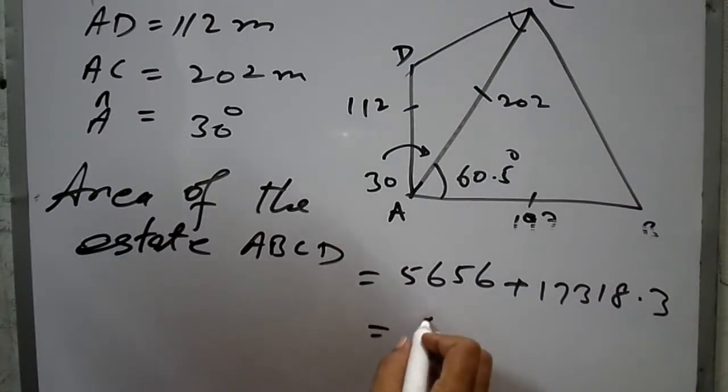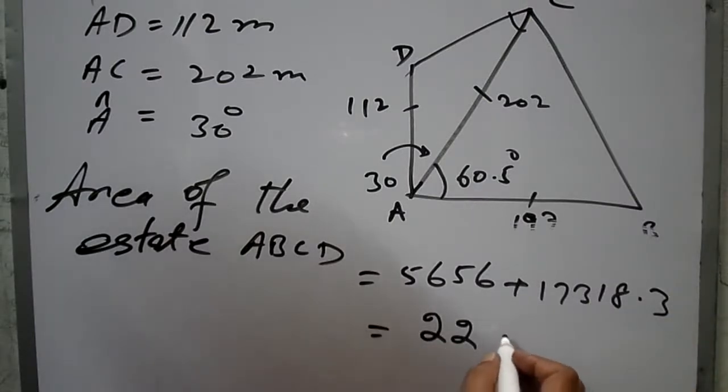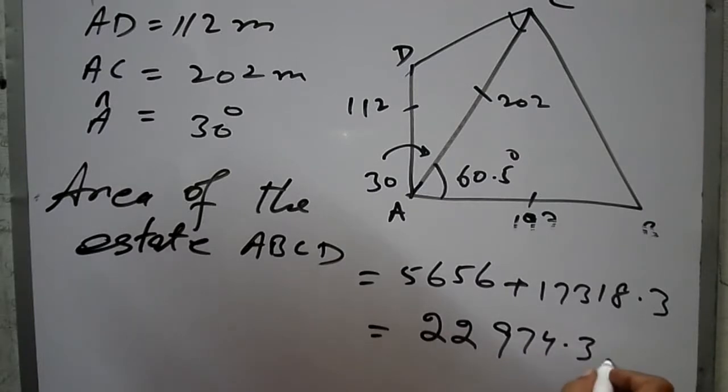So you will get the total area, that is 22,974.3 meters square. So here is your result.